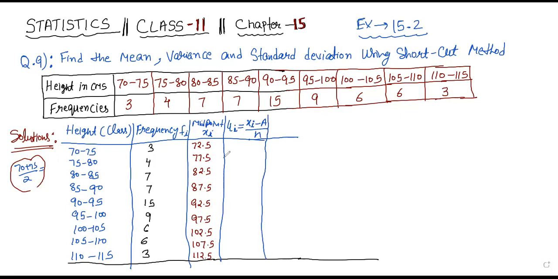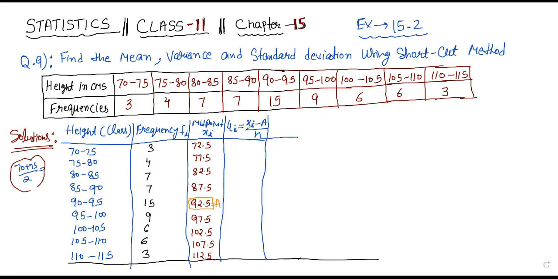The assumed mean is taken from the middle of the mid values. So I take 92.5 as the assumed mean.